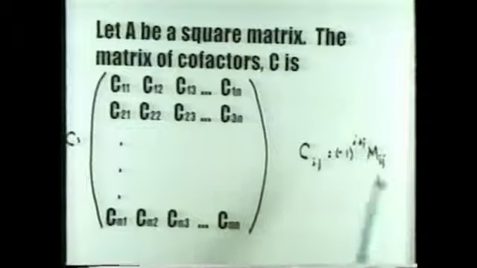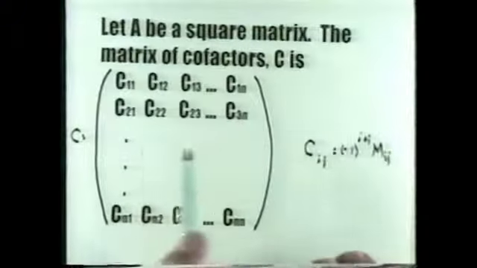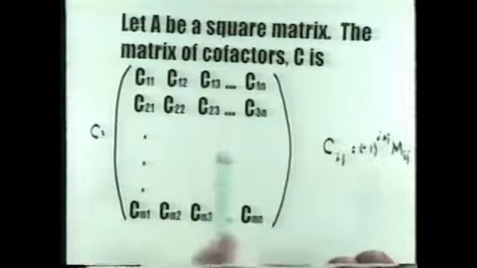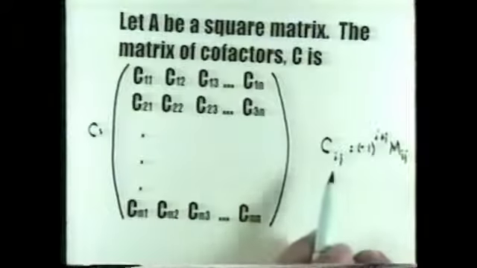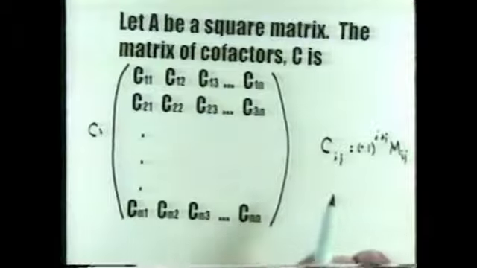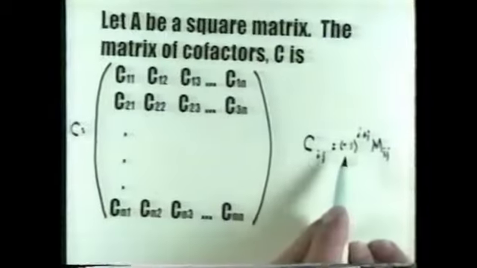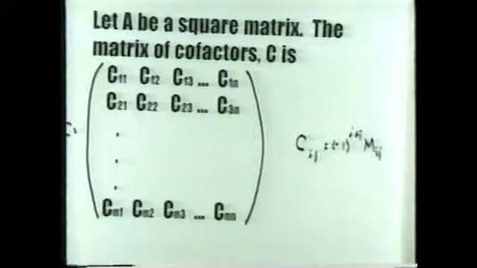Mij is the determinant with row i, column j deleted. So you start with the matrix A, and each element in A, each ij, has a cofactor Cij defined by this formula.